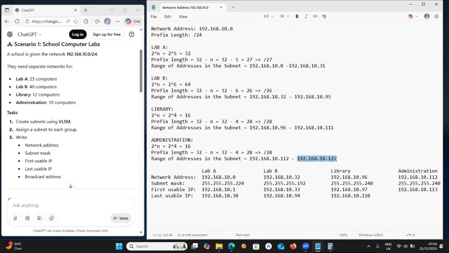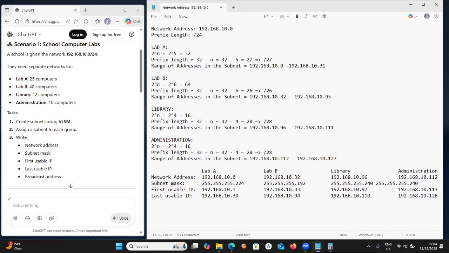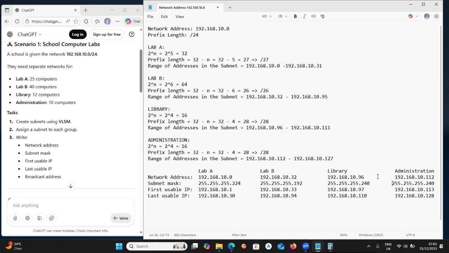The last usable address for administration, we have this, but we subtract 1 from it, so we have 126 instead of 127.